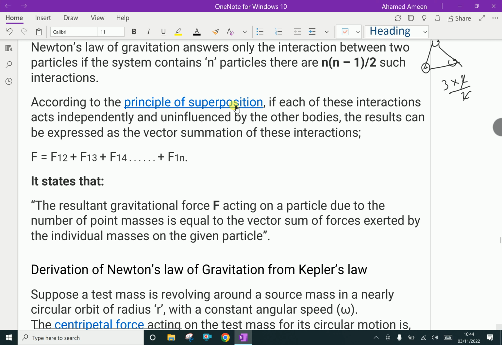According to the principle of superposition, if each of these interactions acts independently and uninfluenced by the other bodies, the result can be expressed as the vector summation of these interactions. That is, F is F12, that is the interaction force of 1 and 2, F13, 1 to 3, F14, like F1n, like interaction between each body and each other body. The total sum is called the total force.